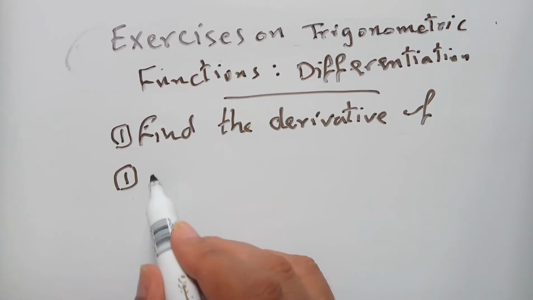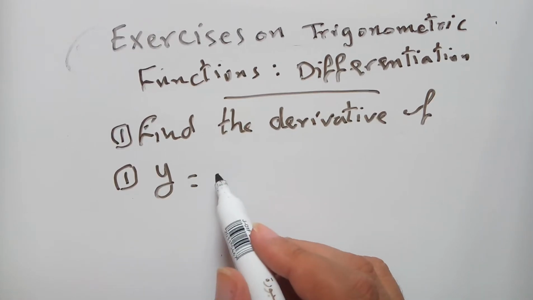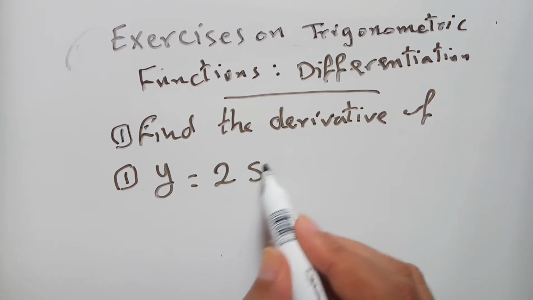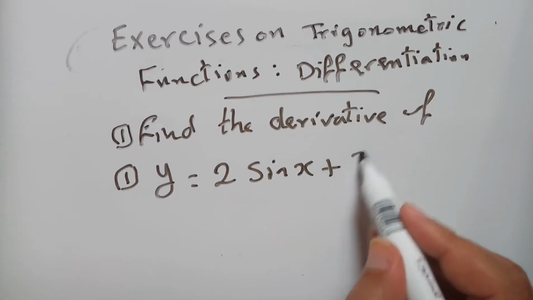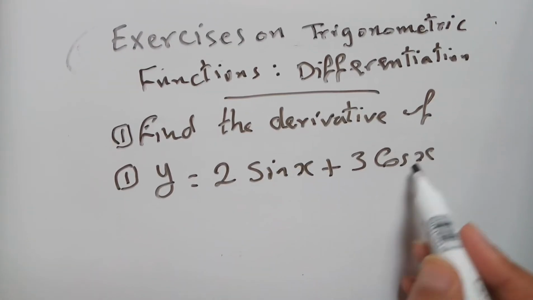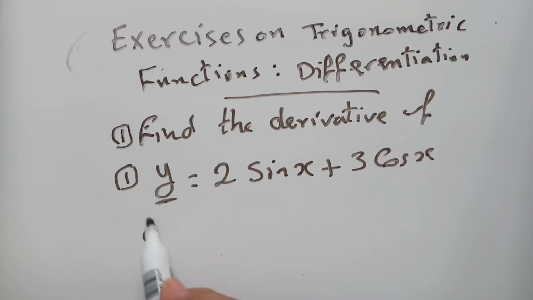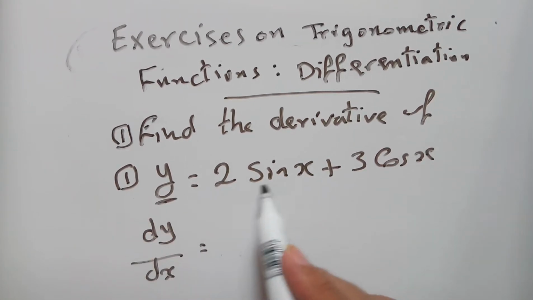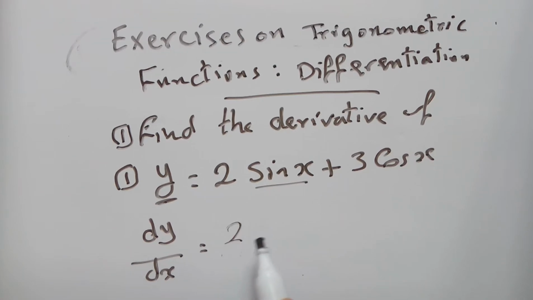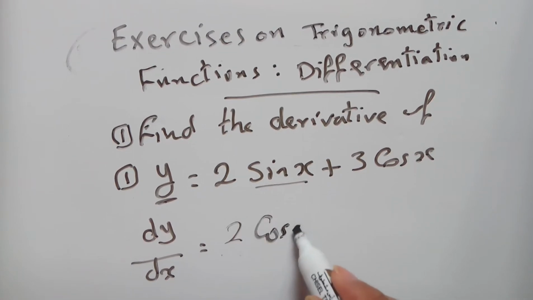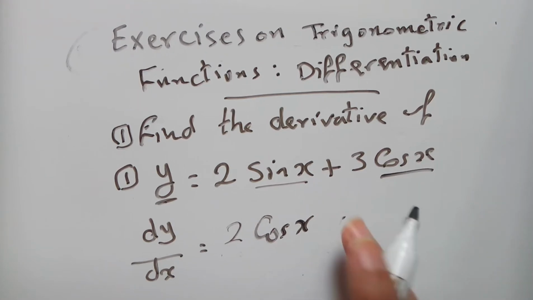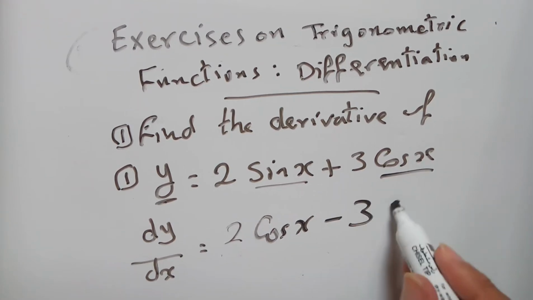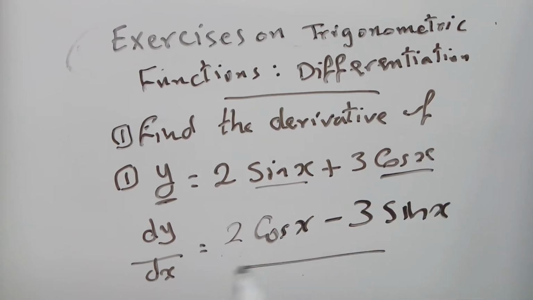Number 1, y is equal to 2 sine x plus 3 cosine x. How to get the derivative for y? In dy dx, the derivative with respect to x, the derivative for sine is cosine, then it will be 2 cosine x plus the derivative for cosine, it is negative sine, then you will write negative 3 sine x.